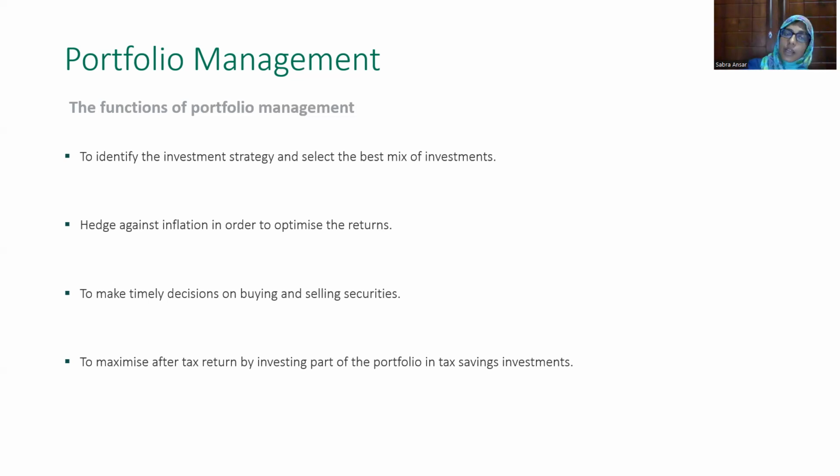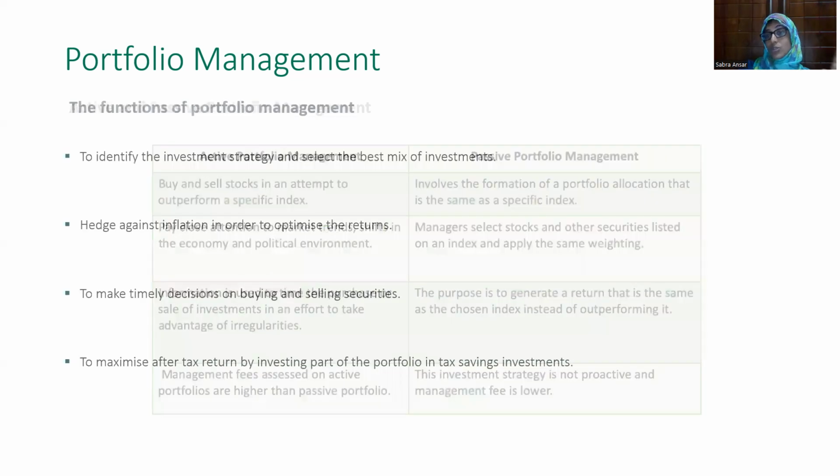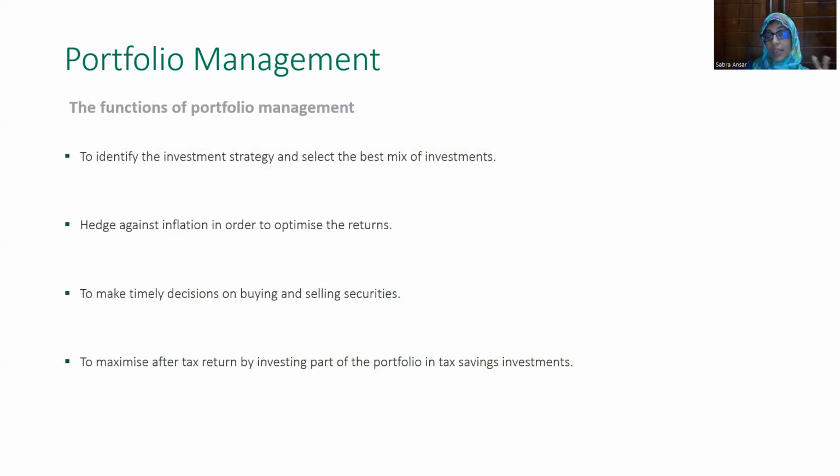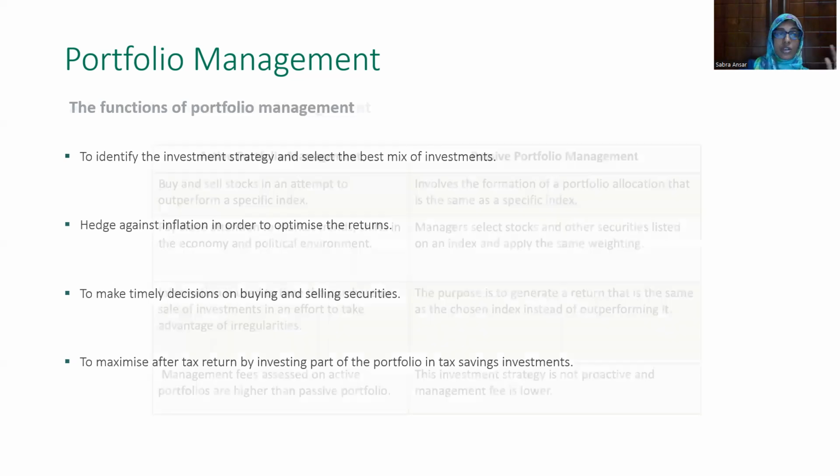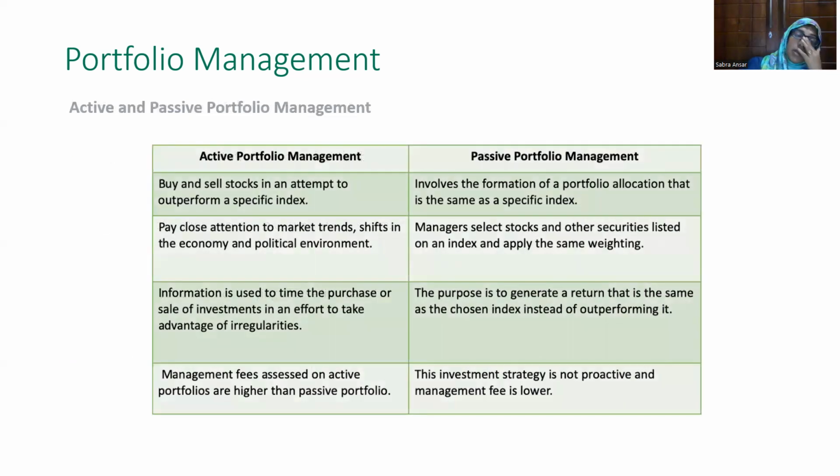So in order to maximize the after-tax return, the investment of the portfolio contributes towards tax savings in a particular investment. Those are the functions of portfolio management, and I hope you got a better understanding of it. You could read up on this section to understand the concept better.